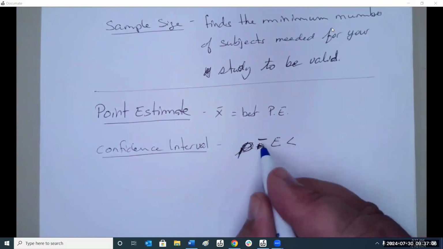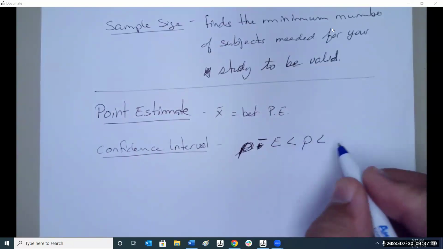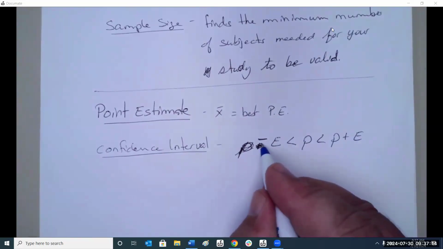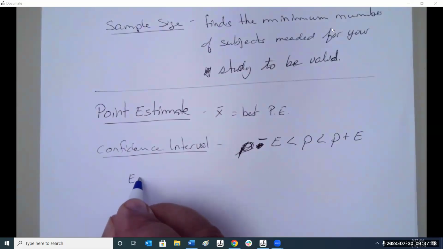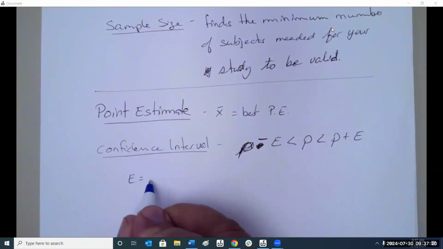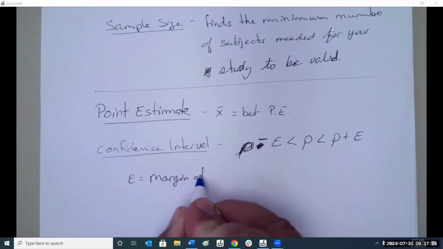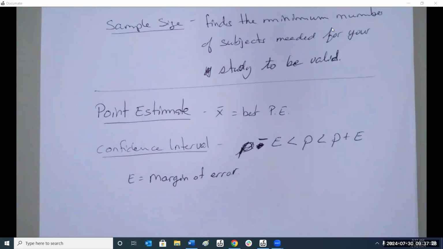So we had P minus E and then P plus E, where E is the margin of error. And yesterday we talked about proportions, so that's what we have there.